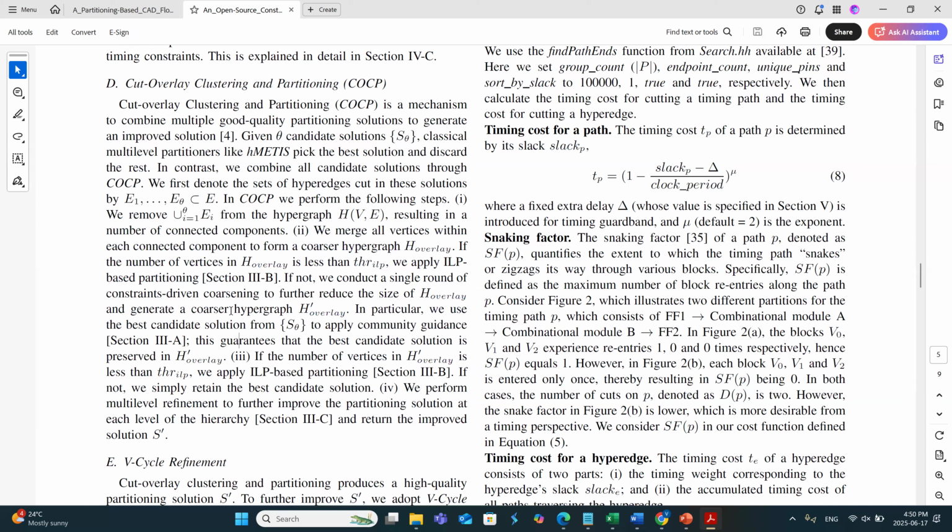I'm just going to squish them together to make sure that's maintained in any future solution. And I'm going to run through my refinement stuff again. And they call that cut overlay clustering and partitioning. It's pretty complicated, but it's kind of interesting. They're trying to extract commonality from their solutions and then say, let's try to take that out of the problem space and run back through our optimizers.